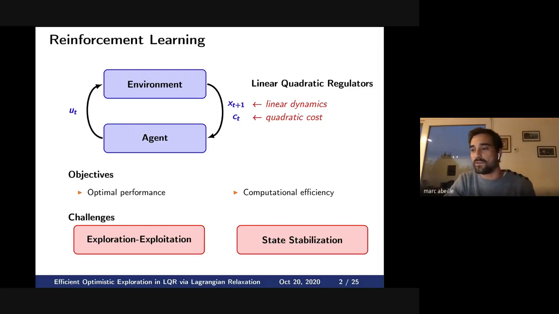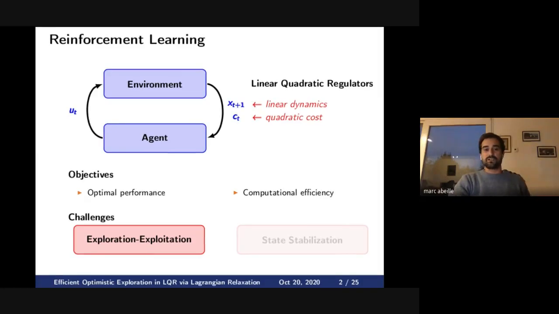Also, we have to care about state stability. This new challenge is in sharp contrast with MDPs, mainly because now that we deal with an infinite state and action space, we need to prevent the learning process from driving the state to explosion. I would say that these two challenges are equally important, but somehow orthogonal. In the paper, we propose contributions for the two aspects of the problem, but in this presentation, I'll mainly focus on the exploration challenge.